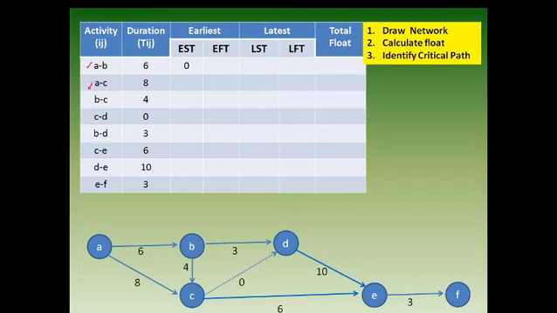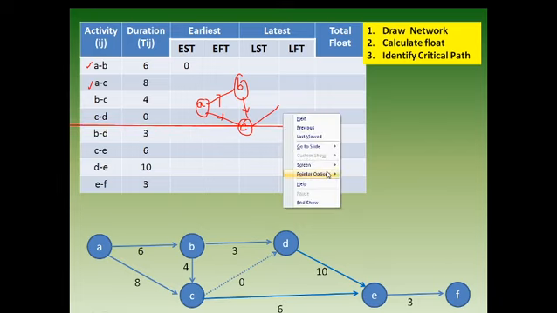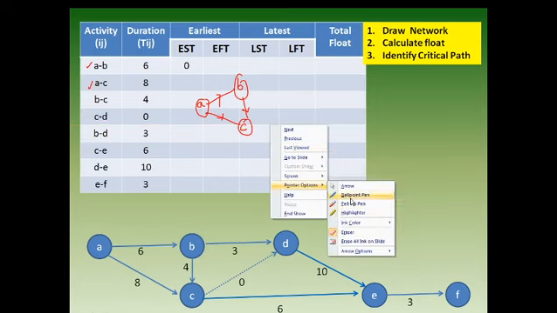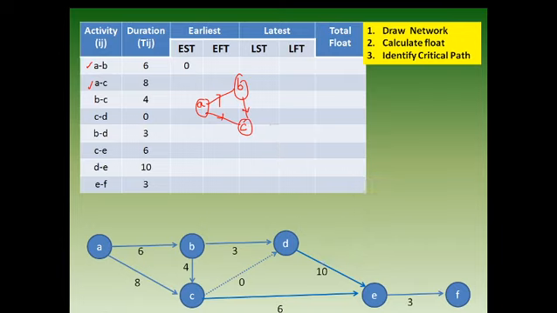From activity A, two things are emerging, B and C. From B to C there is a relationship, and we have C to D. And we have a relationship between C to D and B to D. So D is one common point.